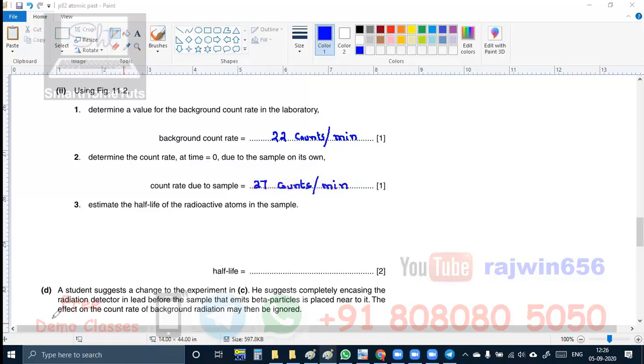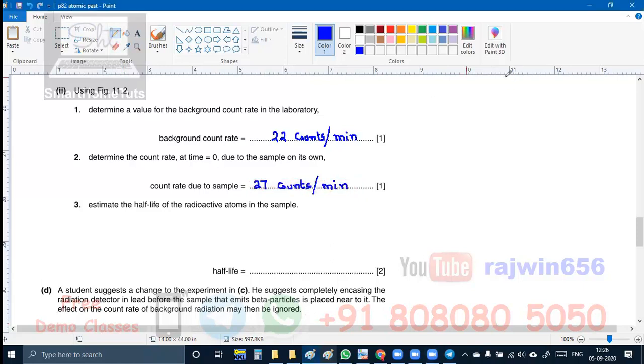After one half-life has completed, in the beginning it is 27 counts per minute. After one half-life, how much should be the count rate? 13.5, half of it. This 27 is only because of the radioactive substance.